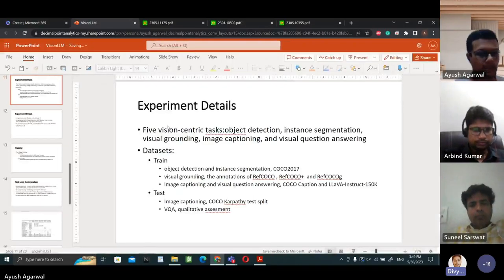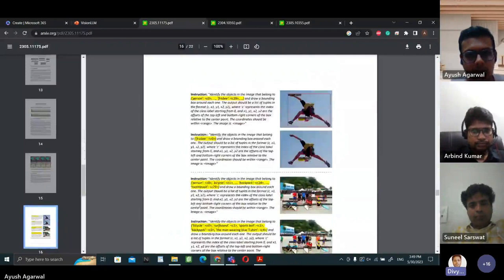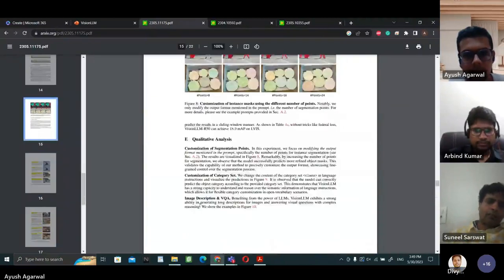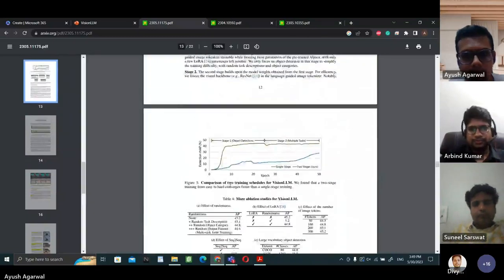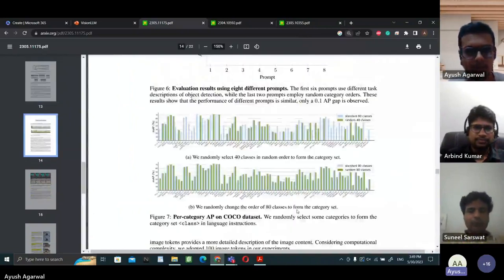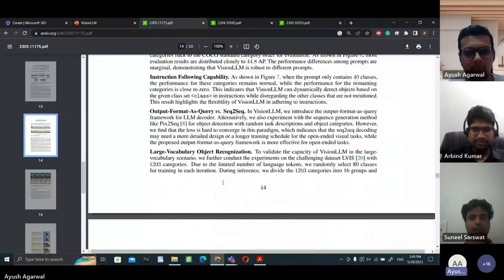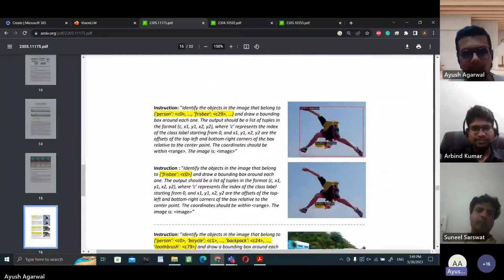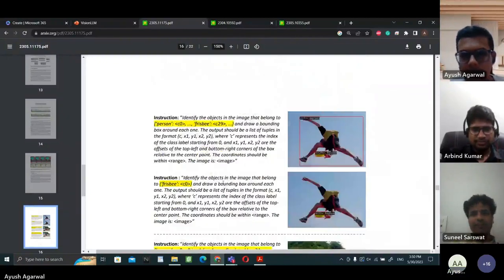Let's look at an example. In visual grounding, you are trying to localize it in a bounding box, but in image segmentation, you essentially want to classify each pixel as to whether it belongs to that object or not.